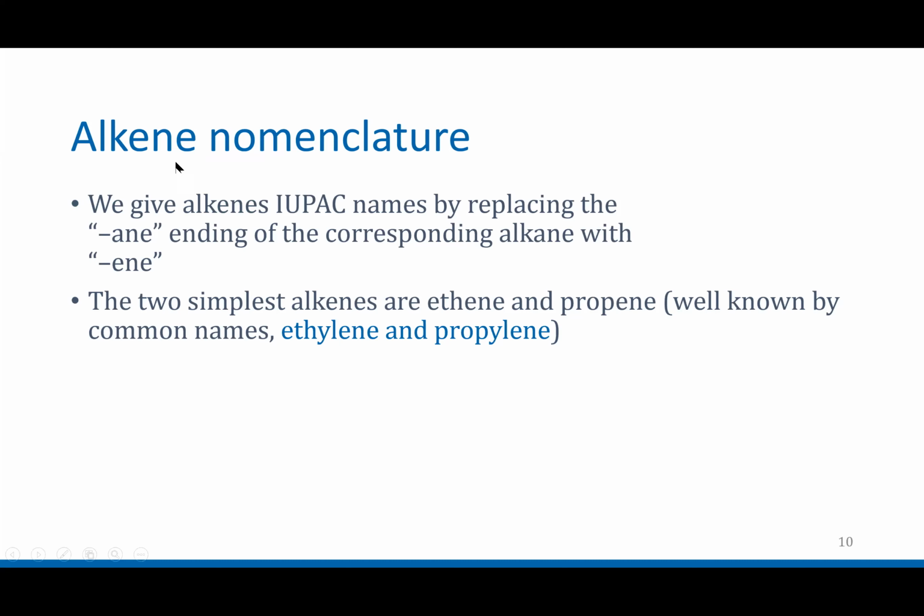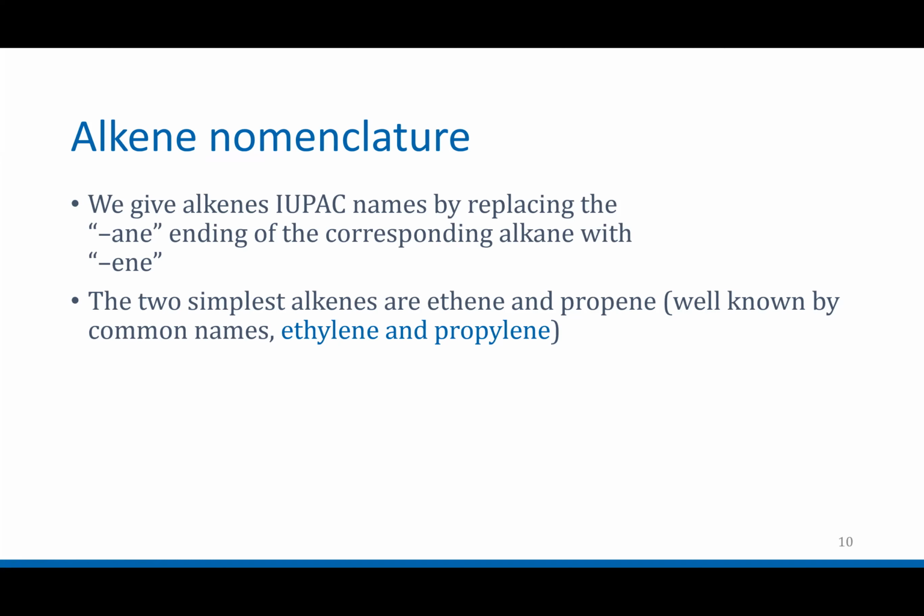That's it. So it's a lot easier than it sounds. Niam says in the chat exactly, "ene" instead of "ane." And again, the only thing extra is you have to tell me where the double bond is. Okay, so it's easy. We'll do a couple of examples maybe, and that's it.